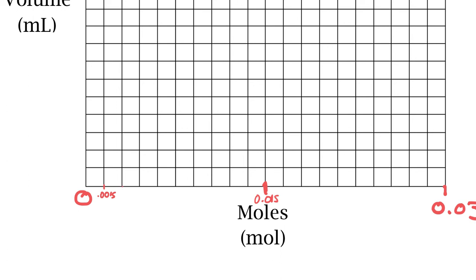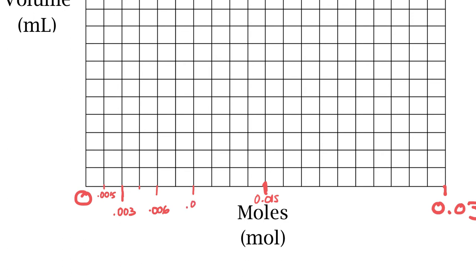So I'm going to do the same thing as I did before. I'm going to do every other line. So I'm going to say this is 0.003. This is 0.0045. This is 0.006, right?